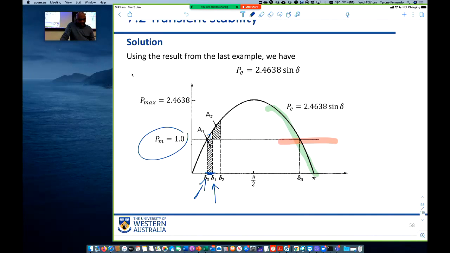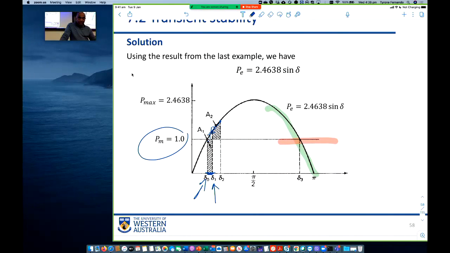Fault is cleared at delta 1, so it starts decelerating during this area A2, right? We start decelerating, and then it will come to 0 and then it will pull back to the original operating point, because PM minus PE is still negative.